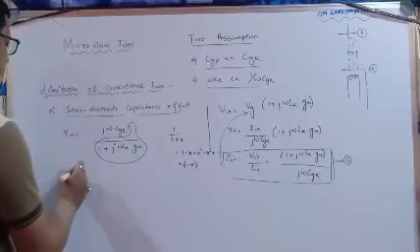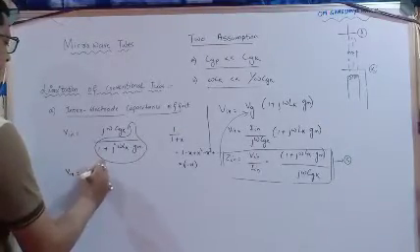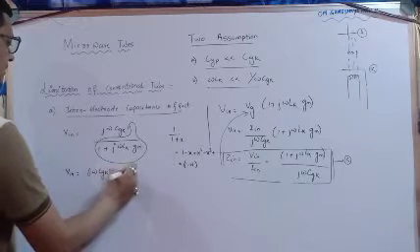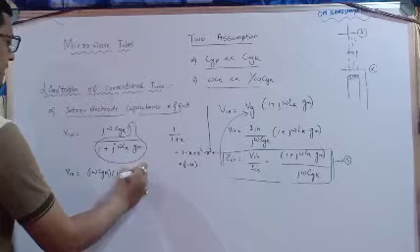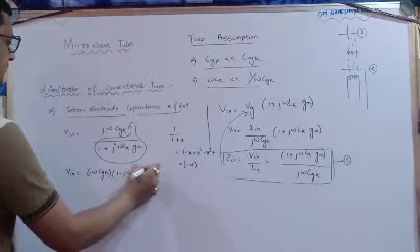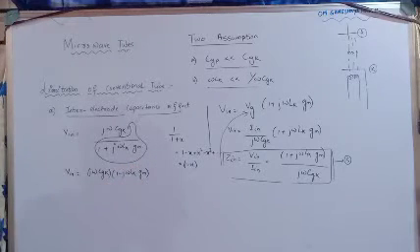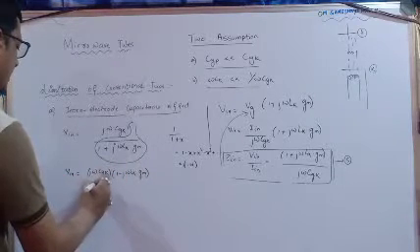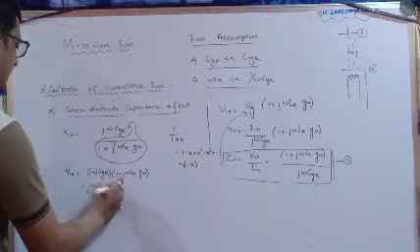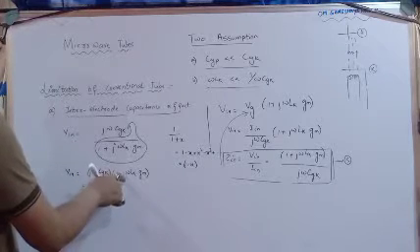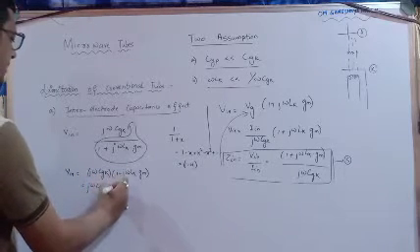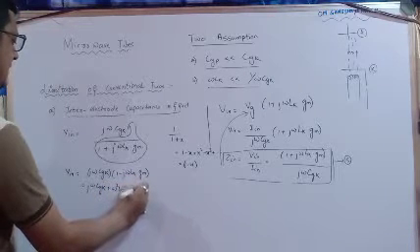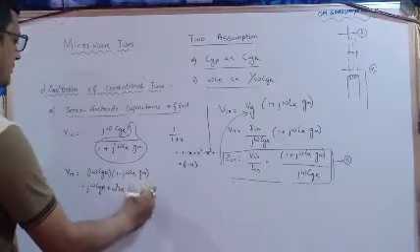So I will get Yin is j omega Cgk whole into 1 minus j omega Lk into Gm. Done. Now it is a simple one. Multiply it. You will get j omega Cgk minus j square plus omega square Lk Cgk into Gm.